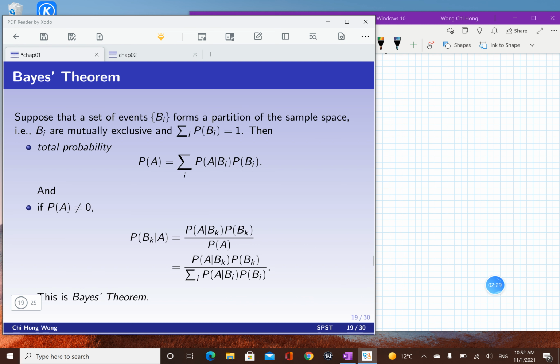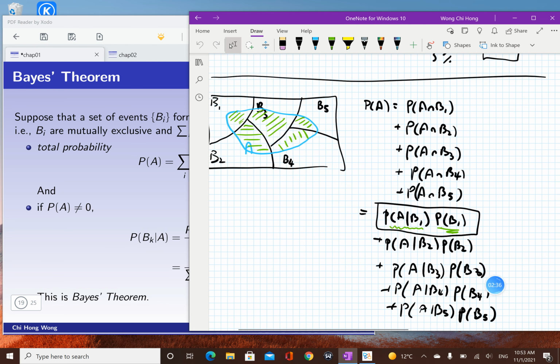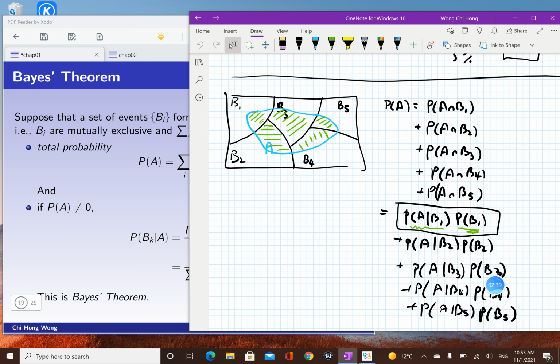Okay, then the probability of A, let me show you with the picture again, this blue region here, the region surrounded by the blue line there, that we would like to find the probability of, is really given by all of these green shaded regions, which are just the different intersections of A together with B1, B2, B3 and all that.